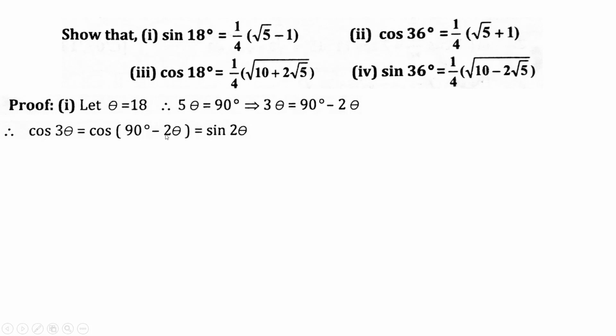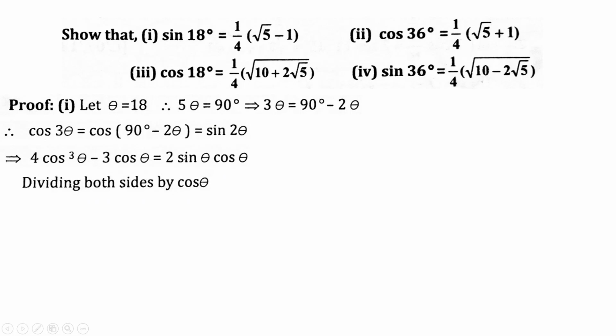And cos 90 degree minus 2 theta means sine 2 theta. And you know the formula of cos 3 theta. Cos 3 theta equal to 4 cos cube theta minus 3 cos theta. And in first slide you have already seen sine 2 theta means 2 sine theta cos theta.